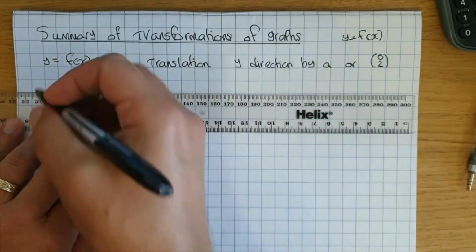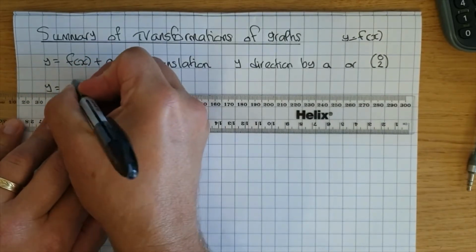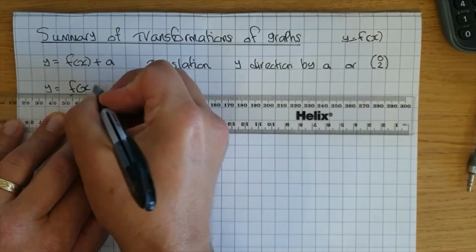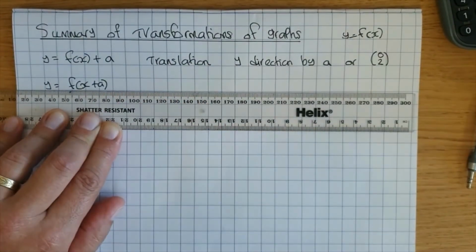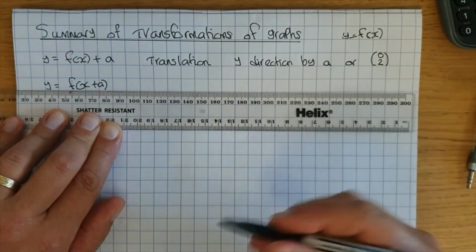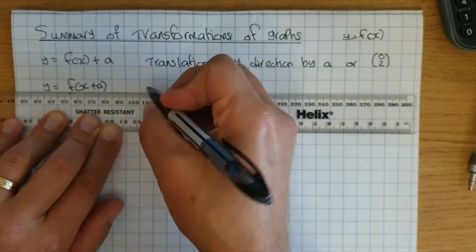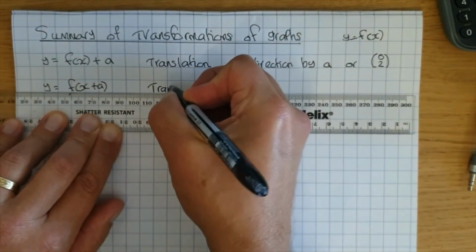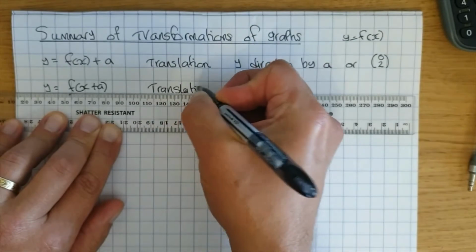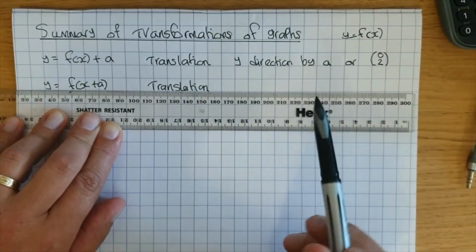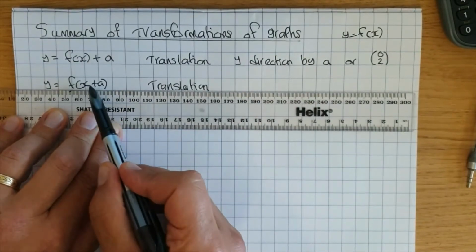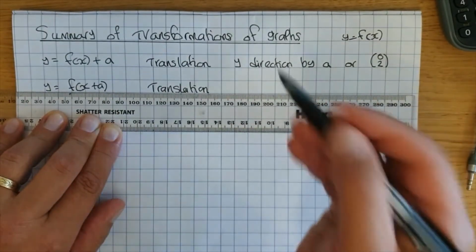The second case would be y equals f of x plus a, where the a is within the function. So this is similar to y equals x plus 2 all squared. Now we know this is a translation. If we remember back to previous examples, this would be in the x direction because the a is now inside the function.